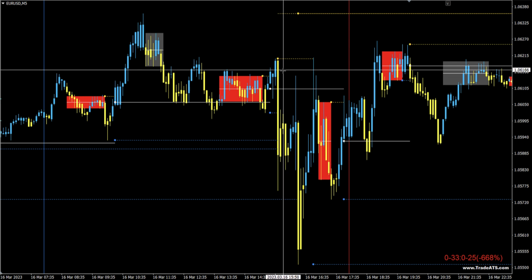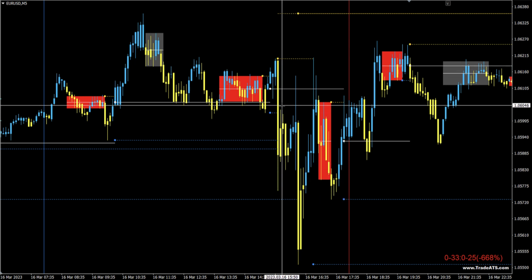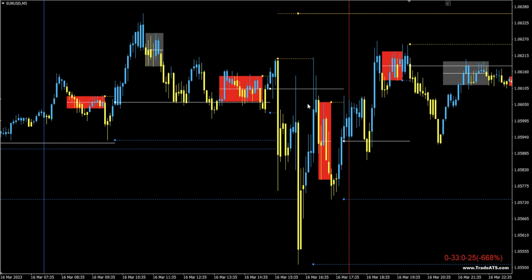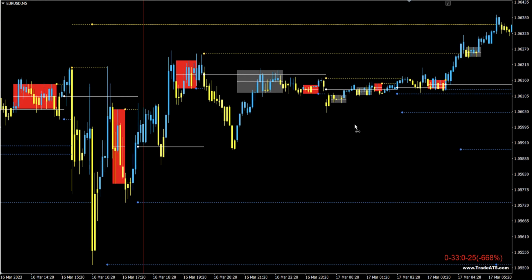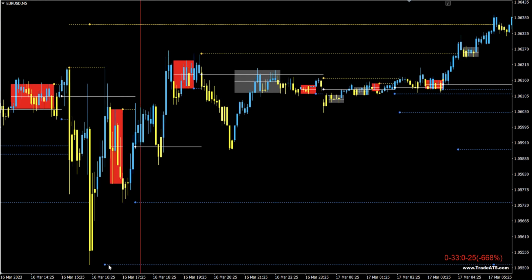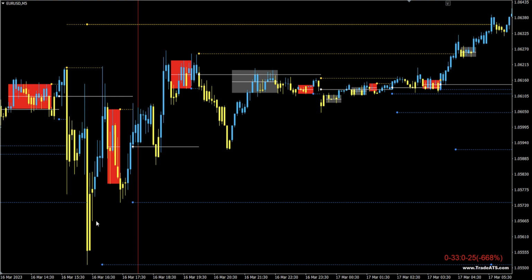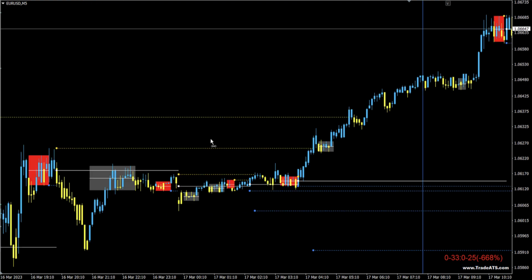I mean, obviously it's going to be news and a lot of volatility, so it's better to avoid such cases. But even if you take it, you would have been able to be in some profit, and then it's up to you if you want to get out or not. But this is not a good trade for a 1-to-8 risk to reward ratio.